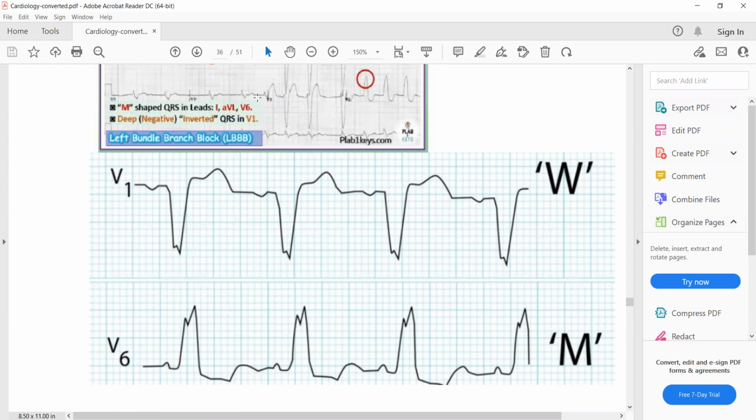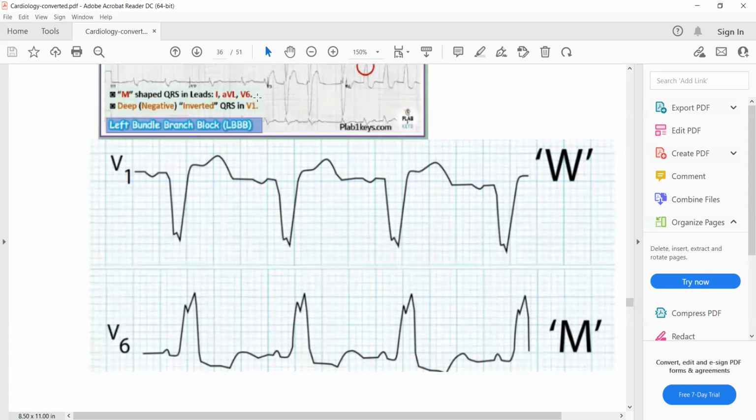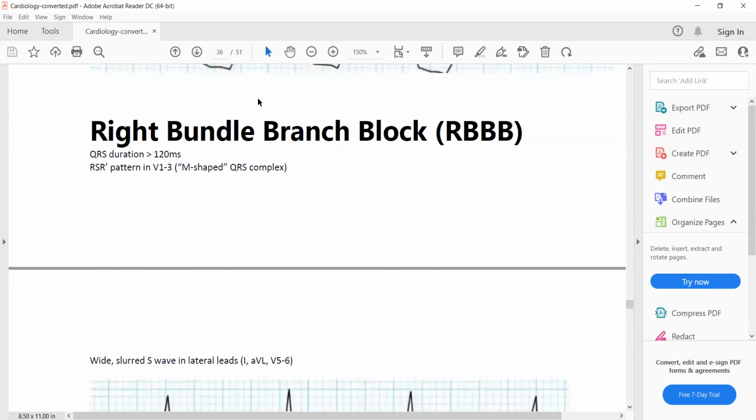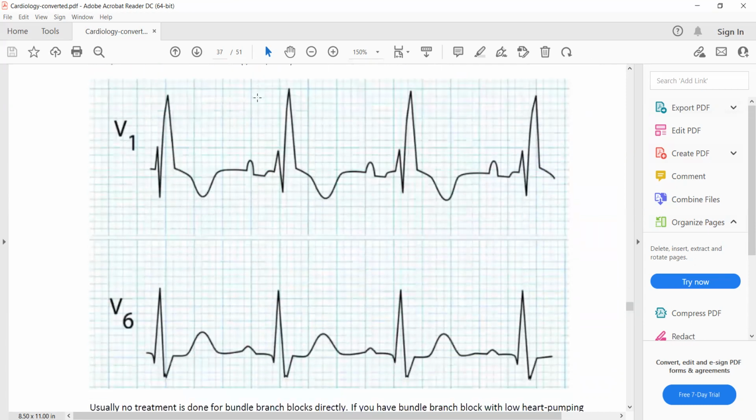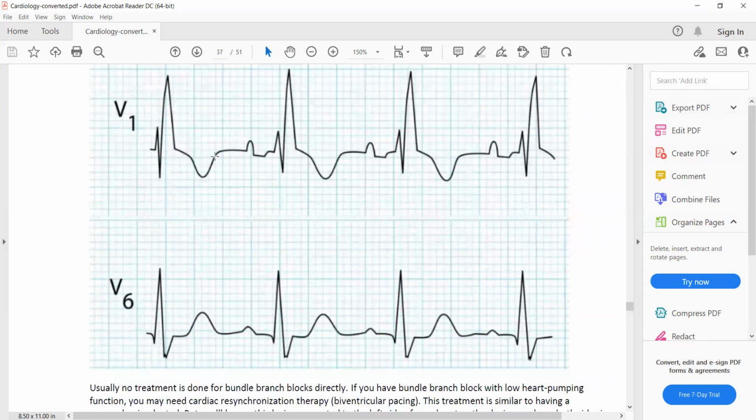Is this point clear to everyone? Dr. Shah, can you please explain the slurred S wave you were talking about earlier? Yes, sure. So for right bundle branch block, in V1 there will be RSR pattern, and in V6, you can see that this is R wave. The first positive wave is R wave, and the first negative wave is S wave.